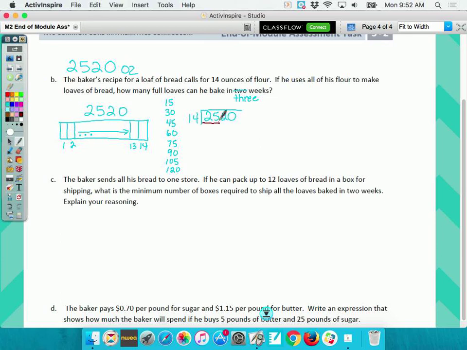And will you chunk this at 25 or 252? 25. Okay. So how many groups of 14 can I make out of 25? 1.